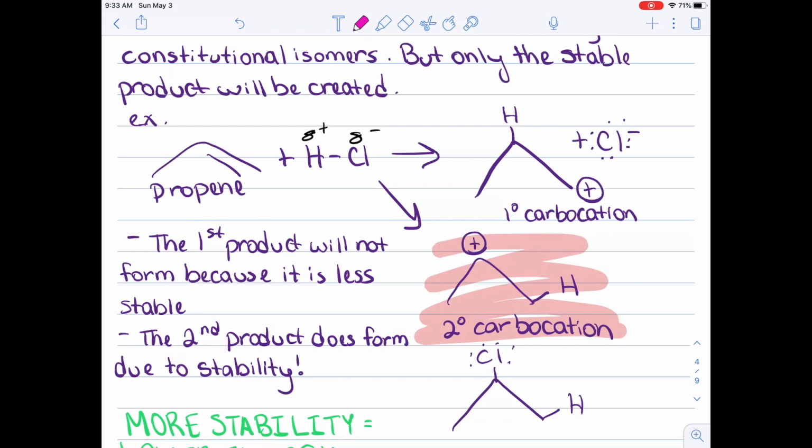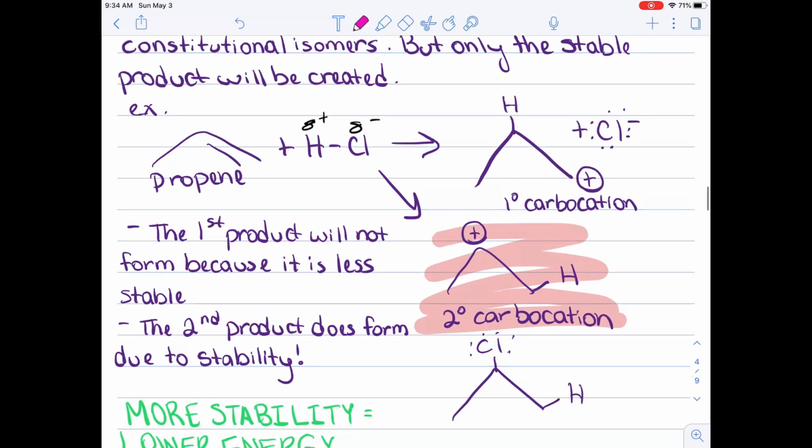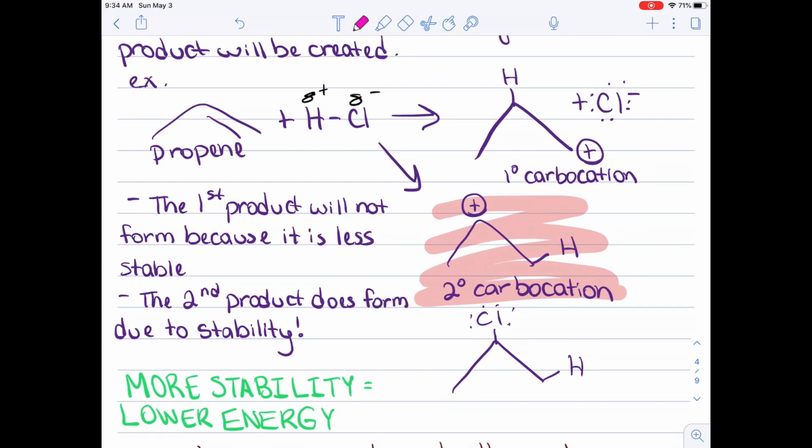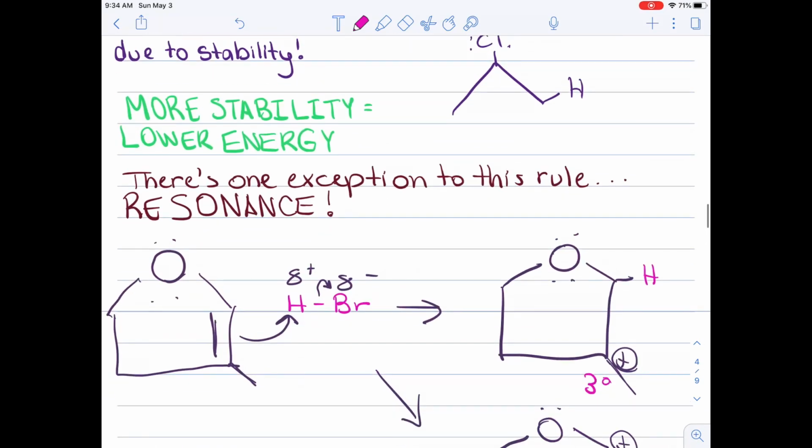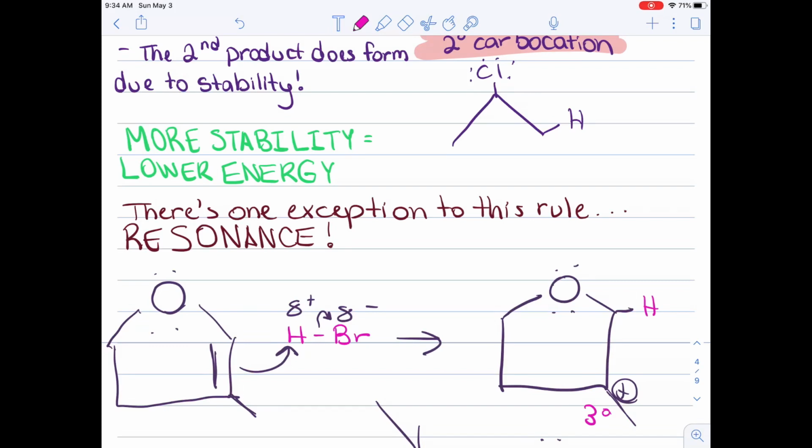Because it has more stability to accept the chlorine atom, and also it has less energy to form. The first degree carbocation will take much more energy due to the instability that it has. So this is the general rule that should apply to all the problems that you encounter with hydrohalogenation.